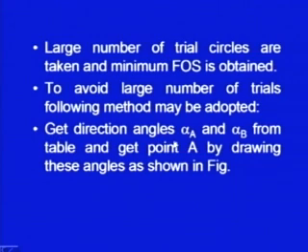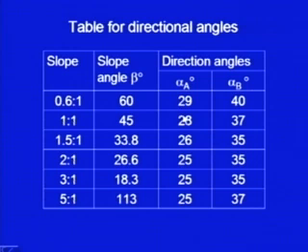Get direction angles alpha A and alpha B from the table, and get point A by drawing these angles as shown in the figure. First of all, let us say these are the slope angles 60, 45 and so on, given as slope ratios, and this is a suggested table. You have to get the values corresponding to that slope.